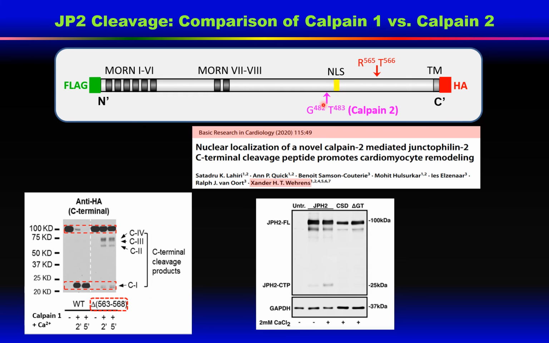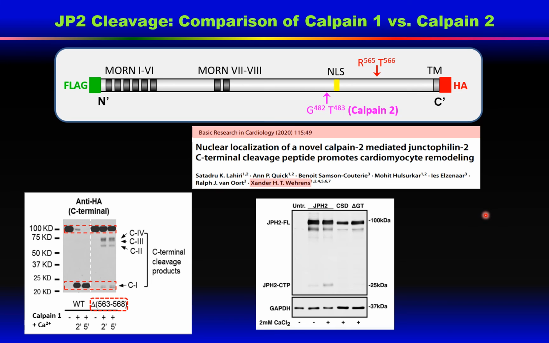But we know that these two cleavage sites are 83 amino acids apart. How come these two cleavage products have the same molecular weight? This is impossible.